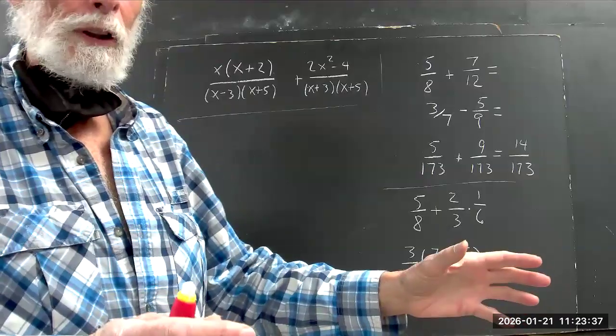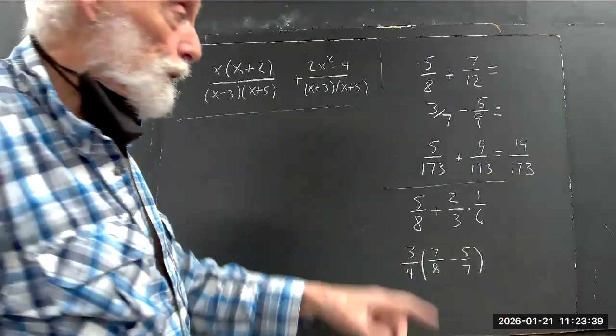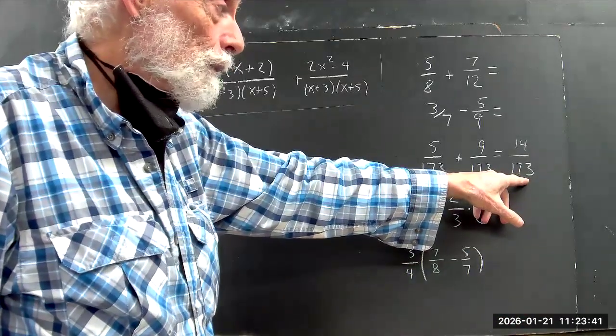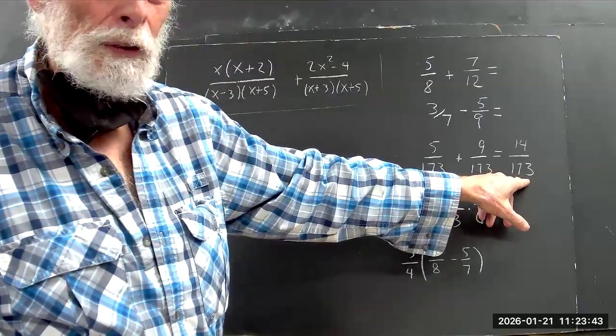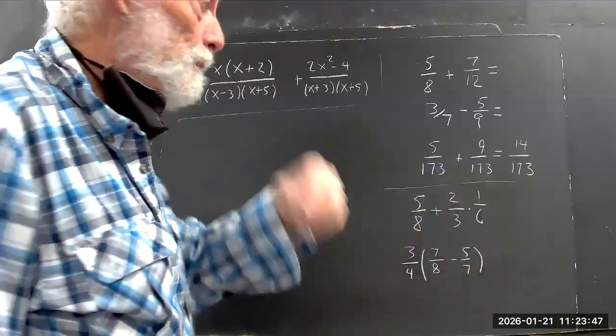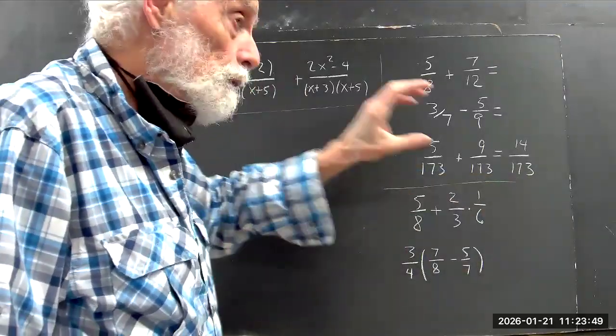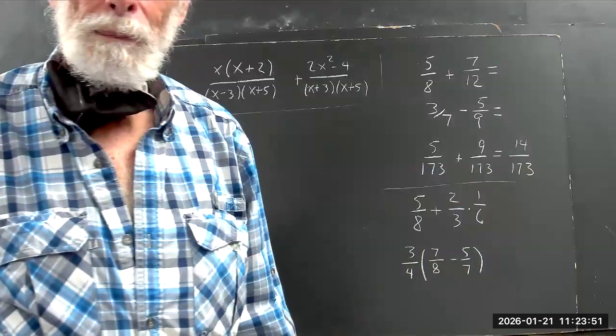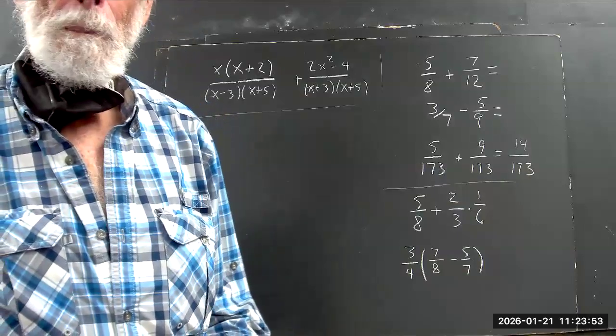You got 14 of them, and you still have 173rds, 14 out of 173 pieces. So you really, really want to understand fractions.